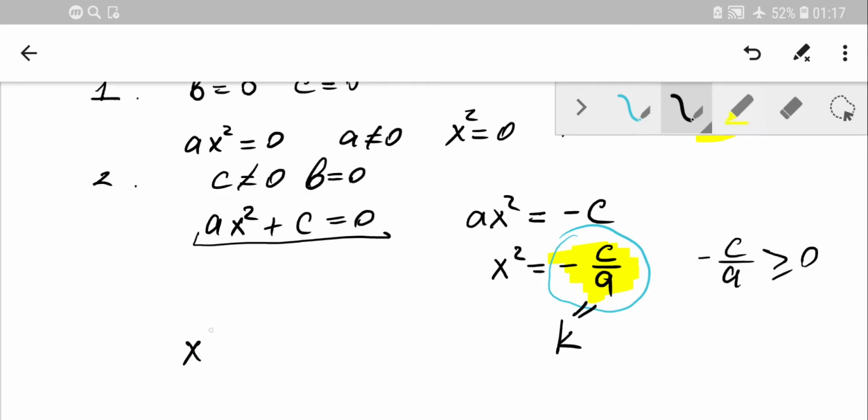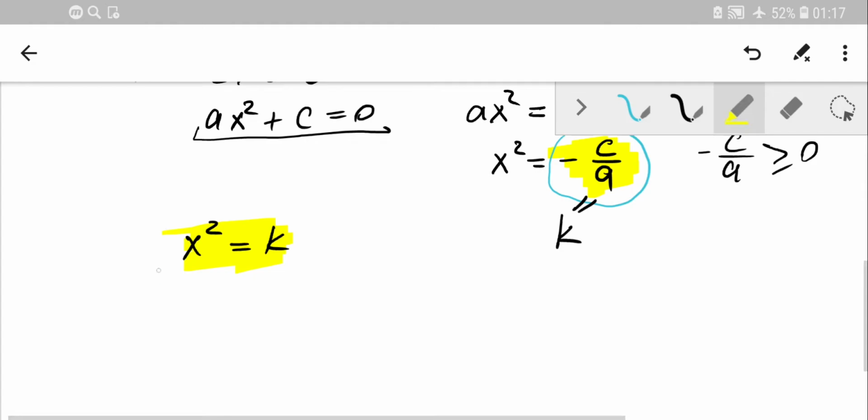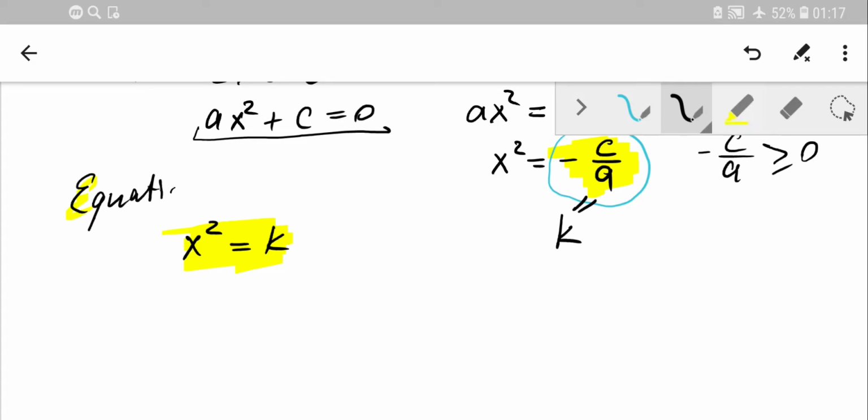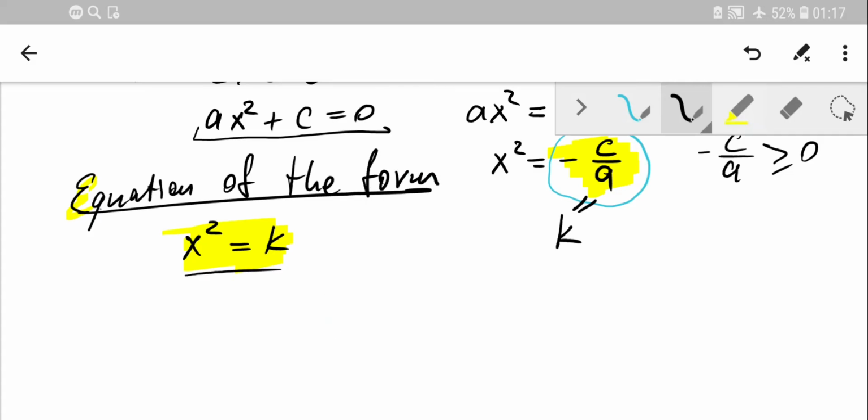So in this case, you'll have x squared equals k, and that is the standard quadratic equation without other forms. That is called an equation of the form x squared equals k. How to resolve it? This is the simplest form of quadratic equation.